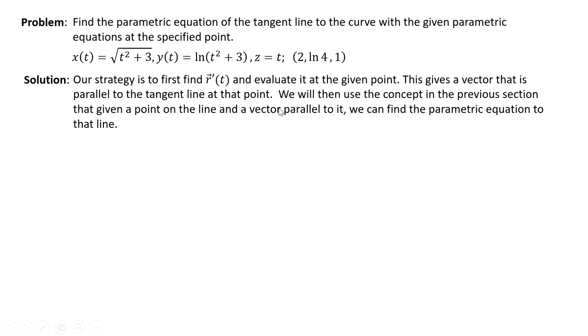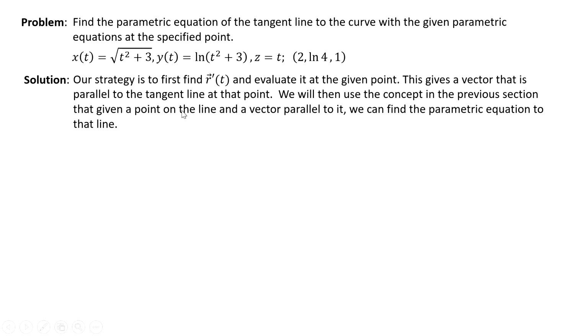Okay, and what else do we do? We will then use the concept from the previous chapter that given a point on the line and a vector parallel to it, we can find the parametric equation of that line. Isn't that true? Back in the previous chapter, in order to find the equation of a line, we need two things: the coordinates of any point on that line and a vector that is parallel to it.